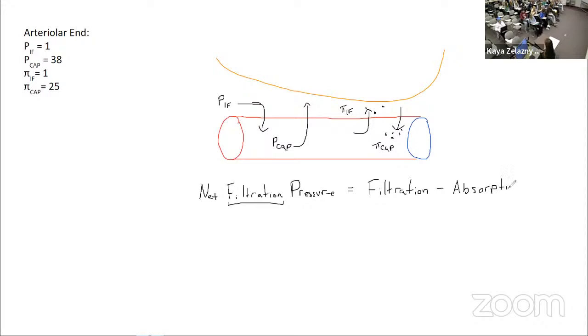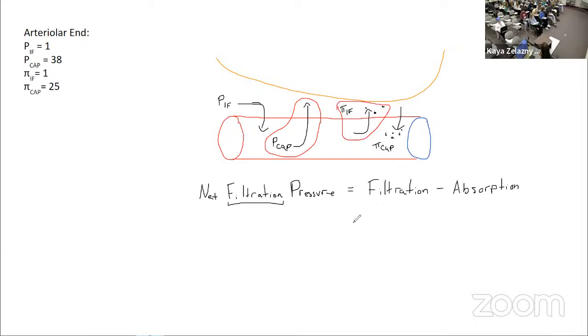So now all we have to do is substitute in these values. We're just going to circle which goes with which. So filtration is that direction towards the tissue. We're circling any arrows that go that direction. So we're going to get our hydrostatic pressure from the capillary and that oncotic pressure from the interstitial fluid. Those two arrows go the same way.